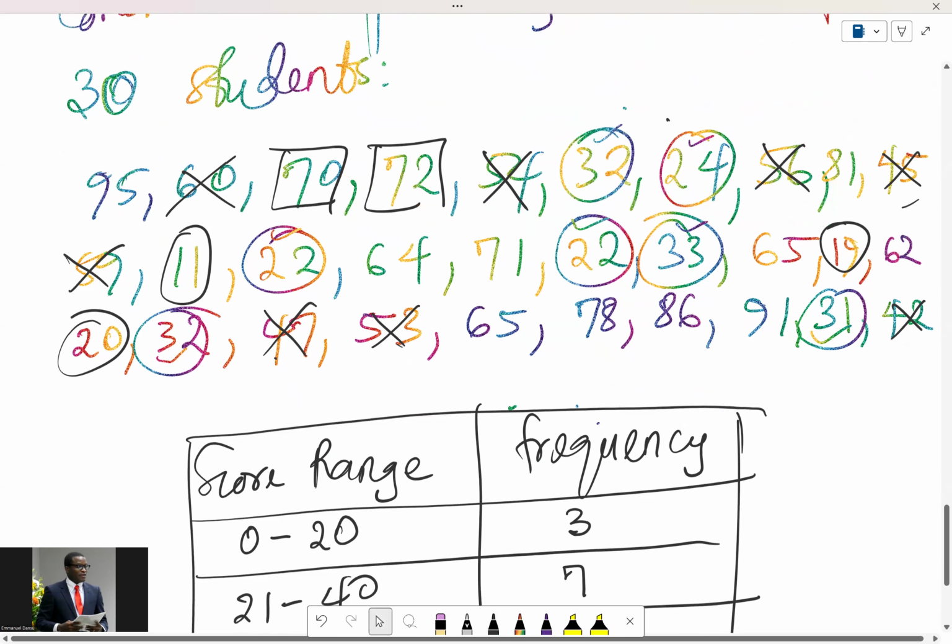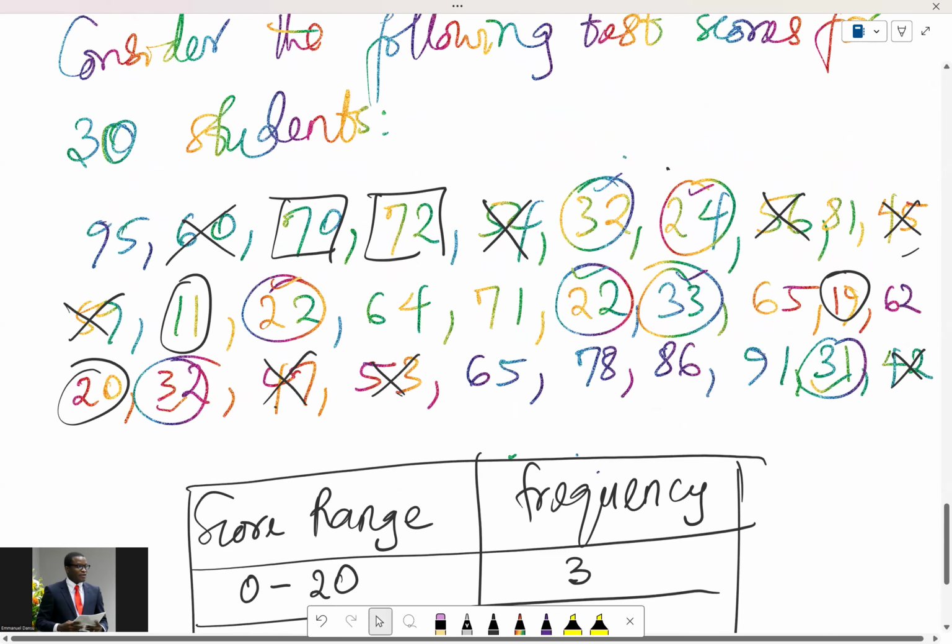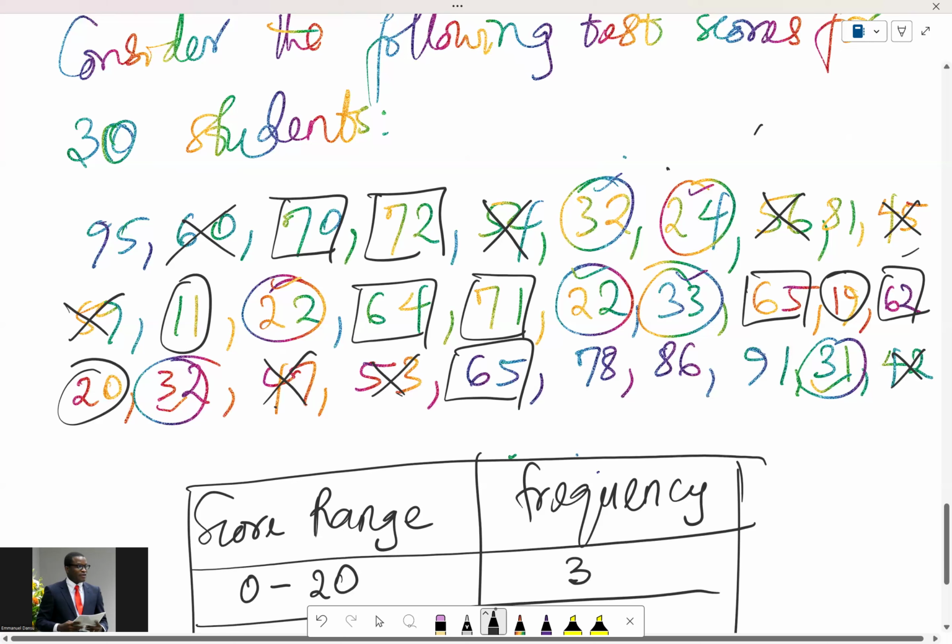So now we are doing 61 to 80. That's 1, 2, 3, 4, 5, 6, 7, 8. I think 61 to 80 would be 8. Look at the boxes. 1, 2, 3, 4, 5, 6.